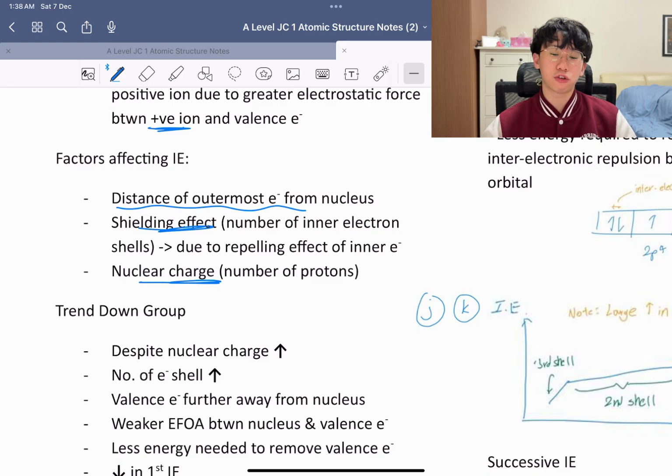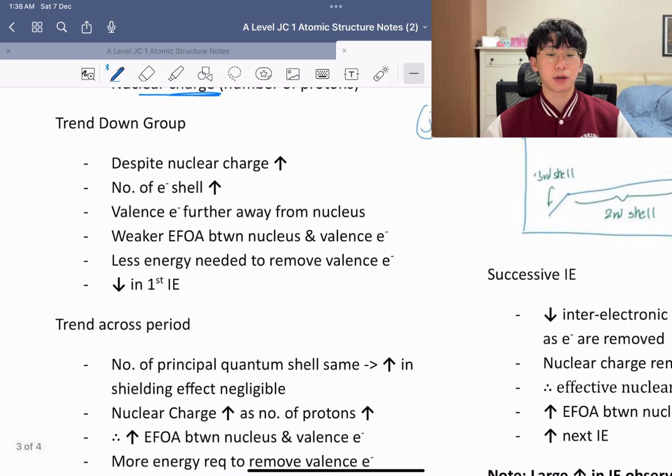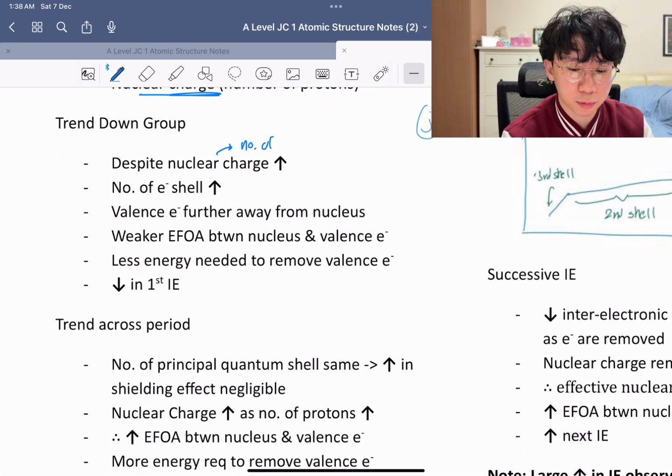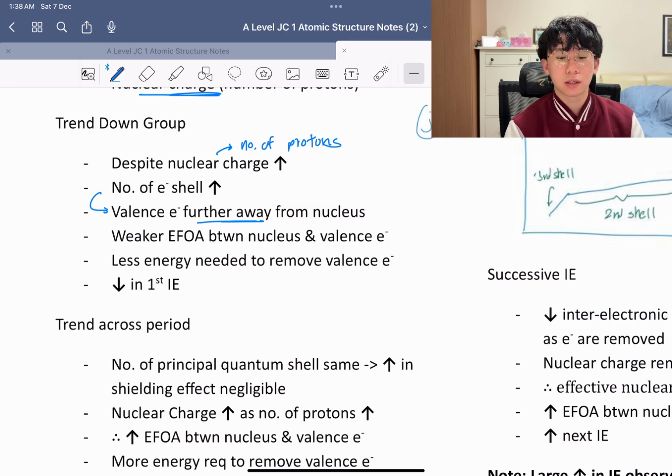If we're looking at the trend down the group, there is an increase in nuclear charge because nuclear charge is determined by the number of protons. However, the number of electron shells down the group also increases. Because of that, your valence electron is further away from the nucleus.